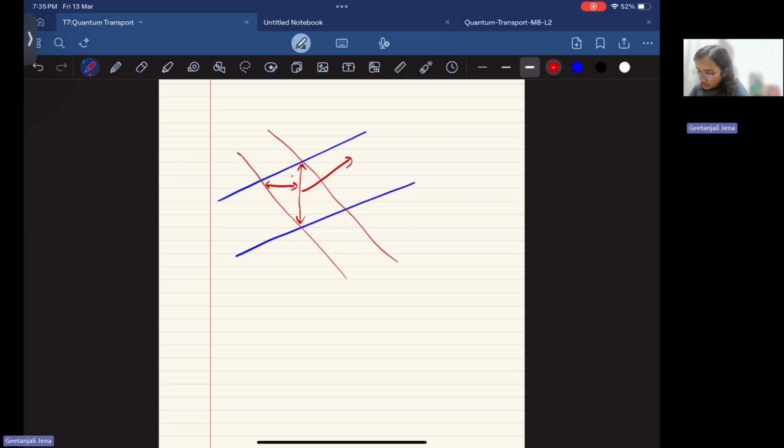If we recall, this represents delta Vg, and it is related to e by Cg.